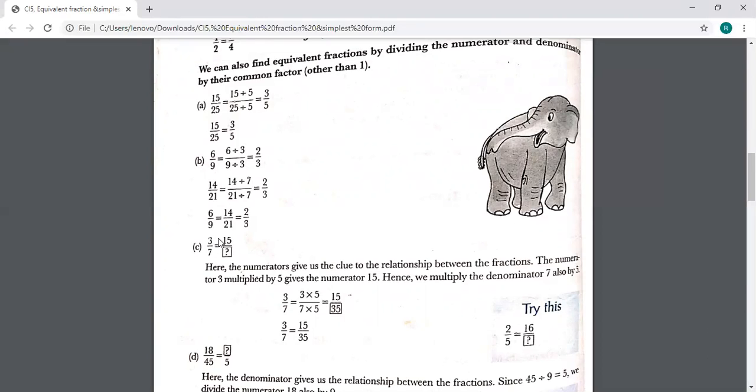So what is that number? 5. So similarly, we have to multiply 7 also by 5 and we get the answer. So the hint is from the given numerators. So I hope it's clear. Now in this case, 2 and 16, the numerators are given. So what do you think you'll get? Try it out.